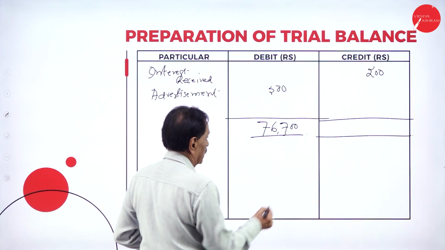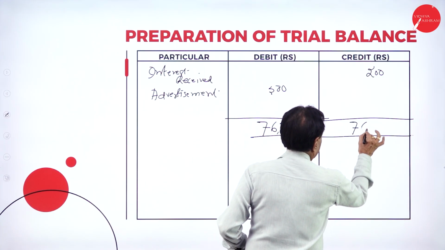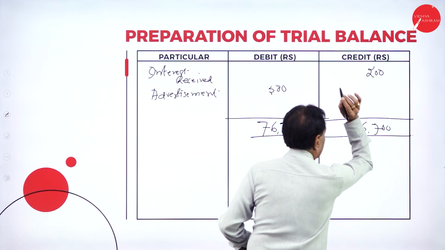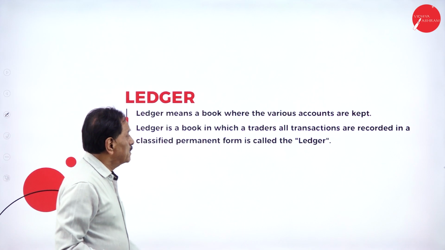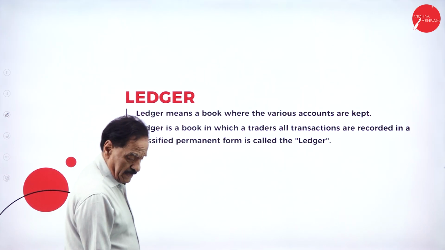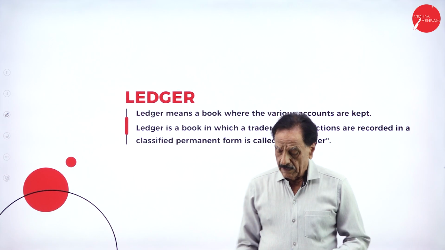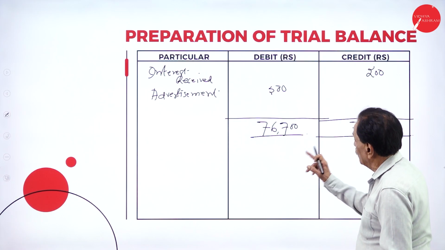This is 76,700. So it will tally for 76,700. So debit side should be equal to credit side.